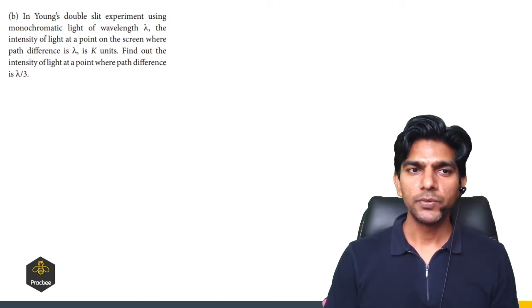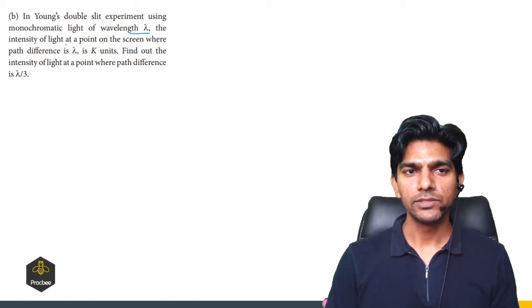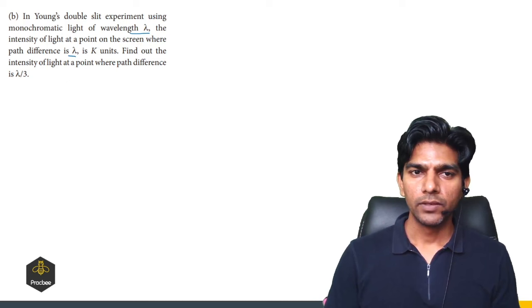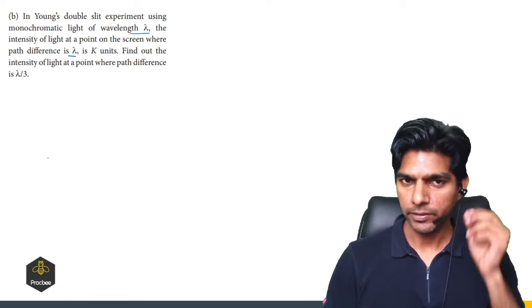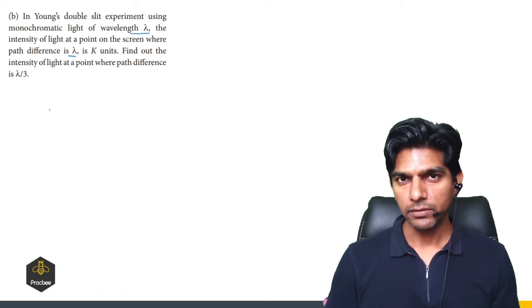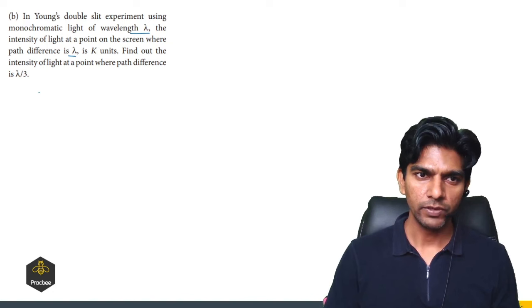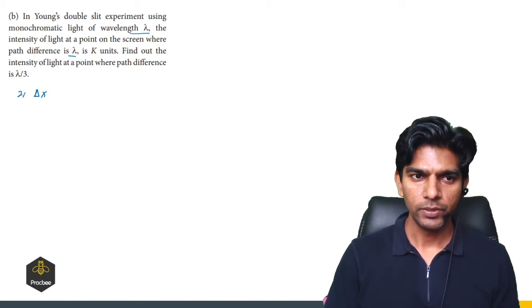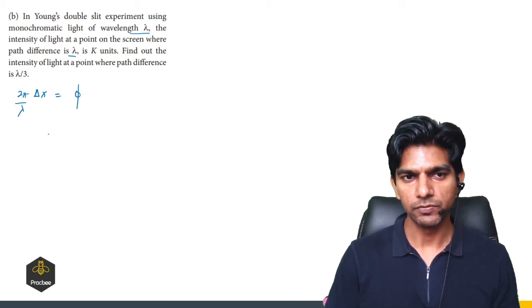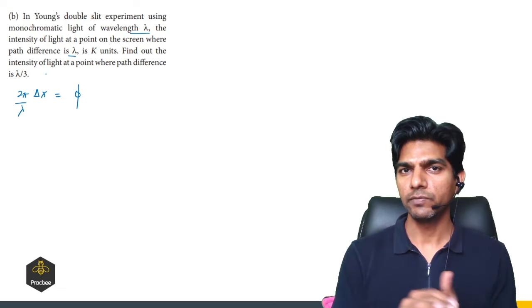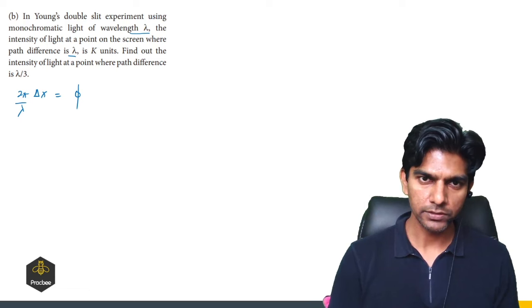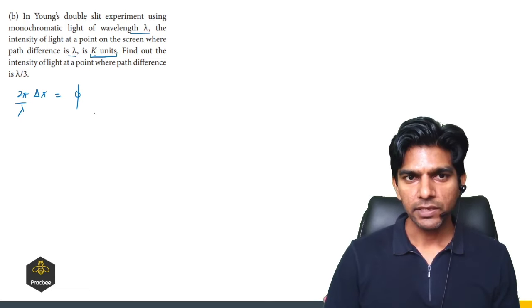In Young's double slit experiment using monochromatic light of wavelength lambda, the intensity of light at a point on the screen where the path length difference is lambda is k. Find the intensity of light at a point where the path length difference is lambda by 3. With the path length, we can find the phase difference. We know that 2 pi by lambda times delta x is the phase difference. When the path difference is an integral multiple of lambda, we have constructive interference, and the intensity is given as k units.